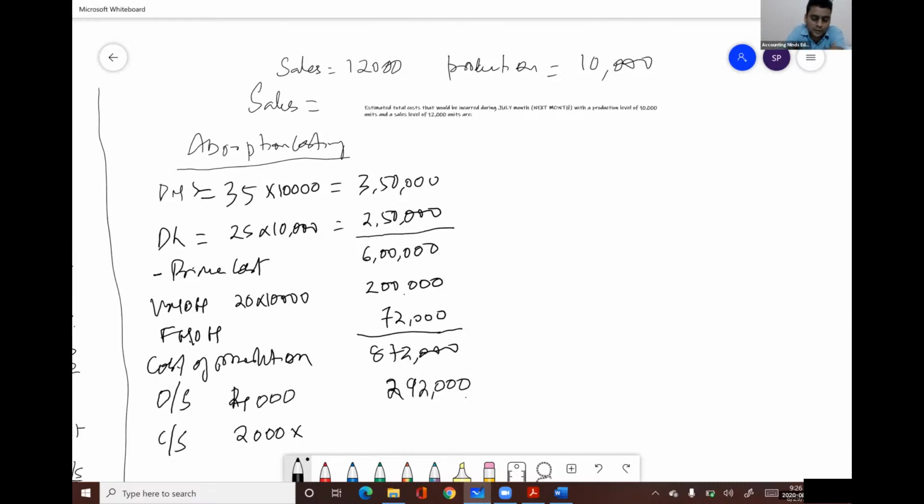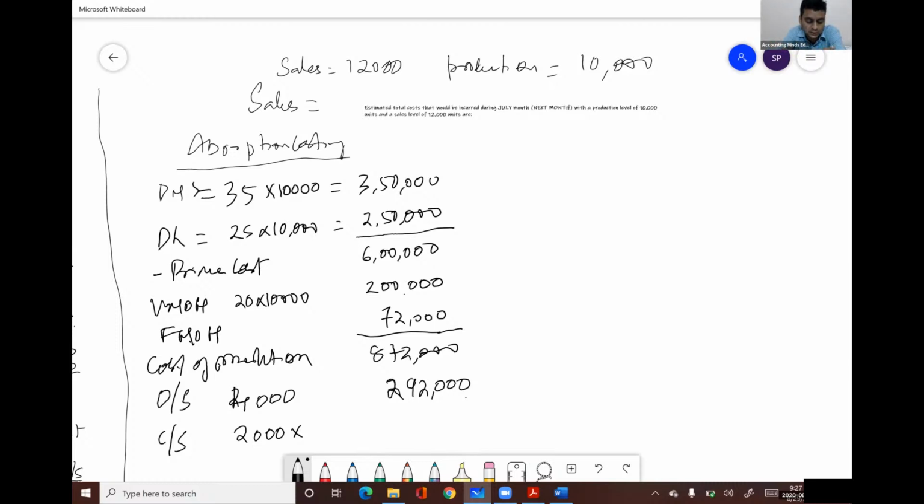Where did you get 73 from? From last month's cost. Not last month's cost, this month's cost. Last month's cost was for last month. That is over. That is sold.